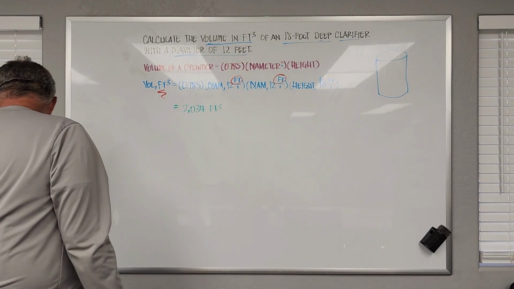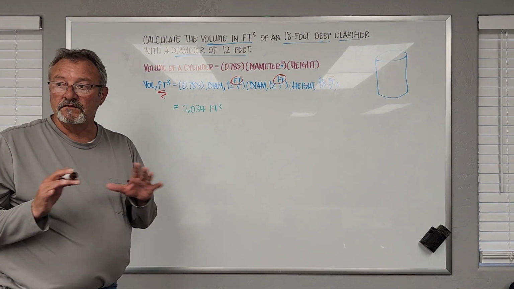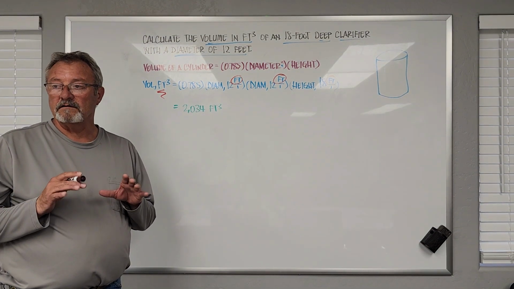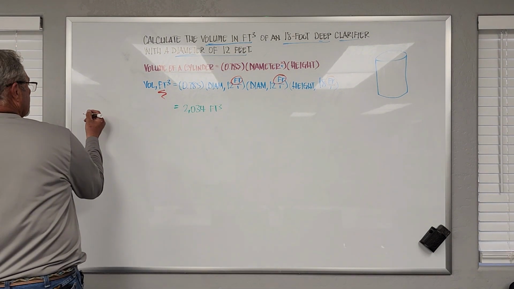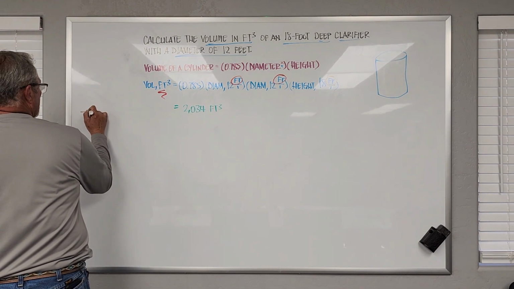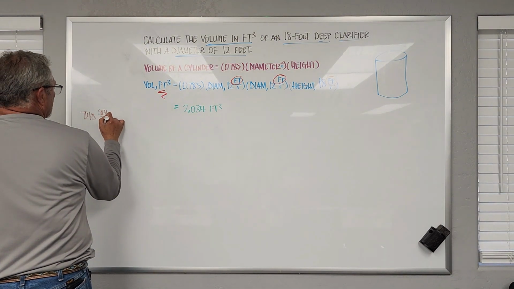Okay, with that said, I'm gonna remind you that every operator should know certain things, certain constants. One of those is there's 7.48 gallons per cubic foot.